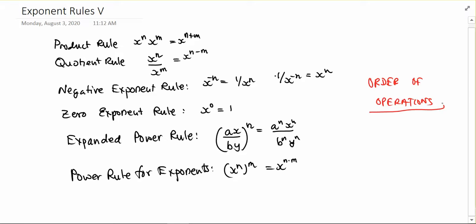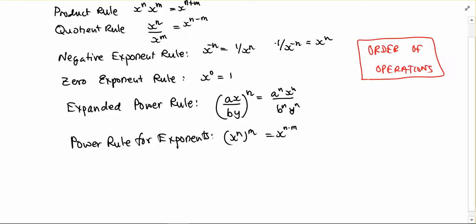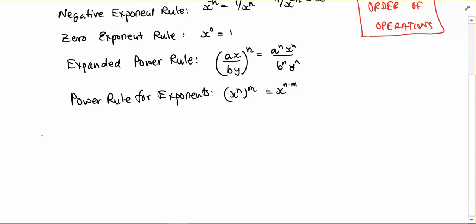Order of operations rules everything, and these are multiplications and divisions, so groups will always go first. Alright, so having said that, let's take a look at a problem of simplifying. Simplify, right?